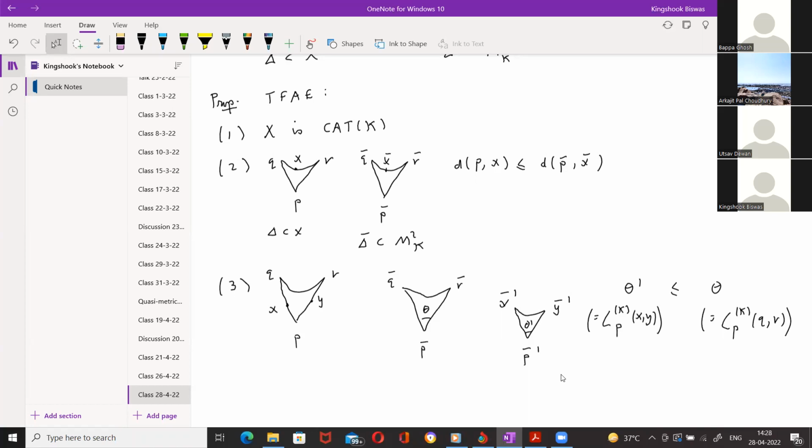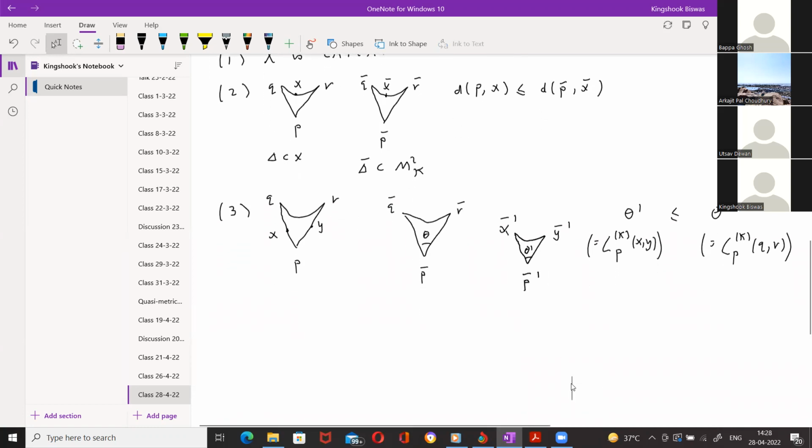Is this clear? Right? Yes. Okay. So here let me draw X bar and Y bar here.